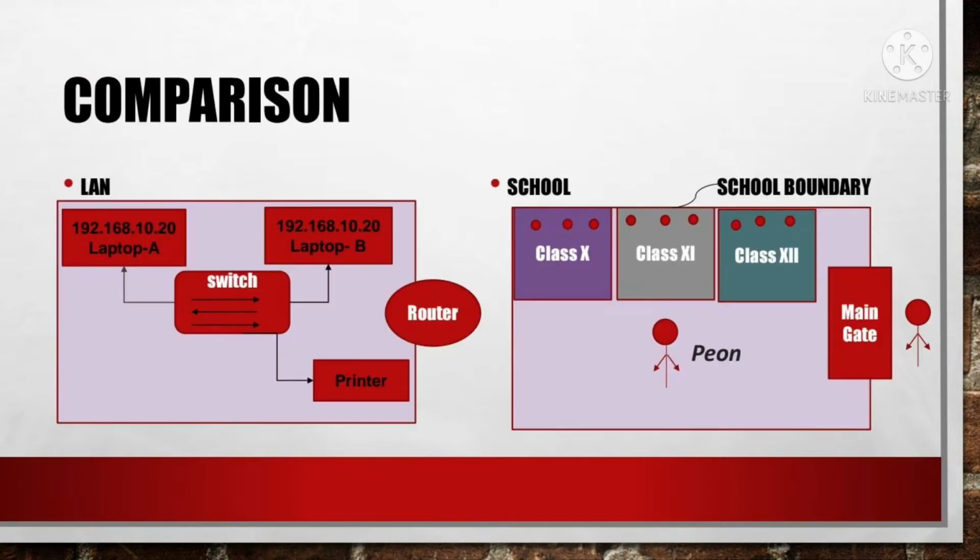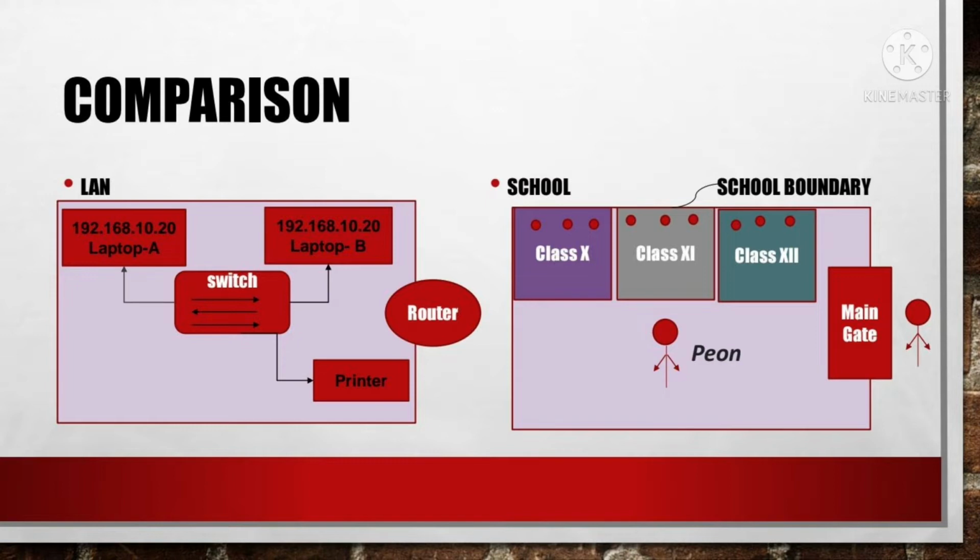Example of logical address: 192.168.10.20. Here, let's consider device A's IP address is this. So any device which wants to connect with device A can send a message to this particular IP address.